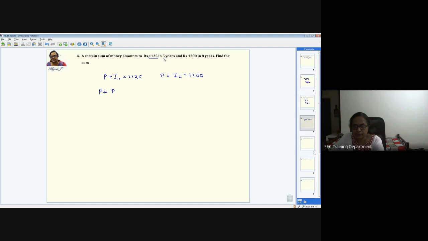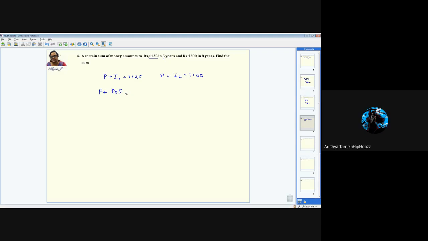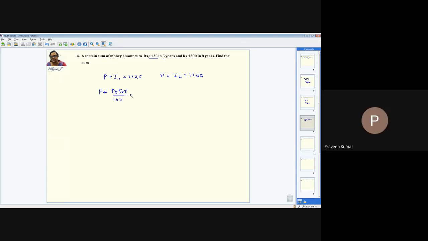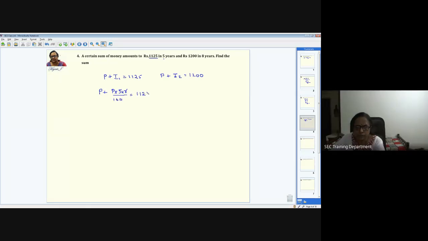Sum of money amounts to 1125 in 5 years. So therefore, this is going to be the interest for 5 years, right? And the rate of interest R is not known, so I'll keep it as R itself. Divided by 100. And that is going to be 1125.